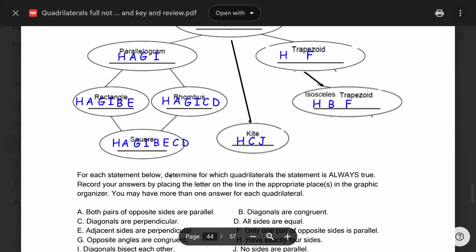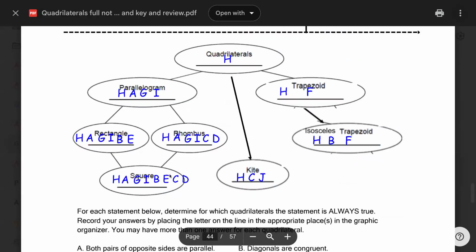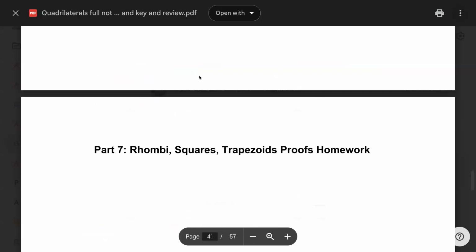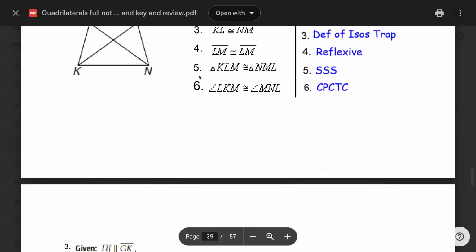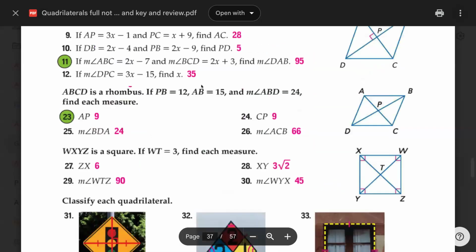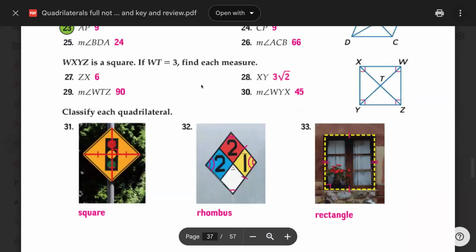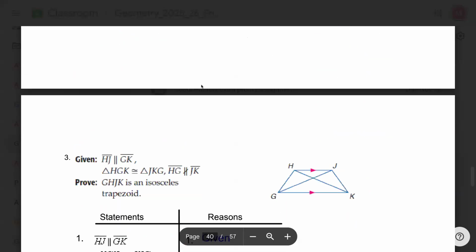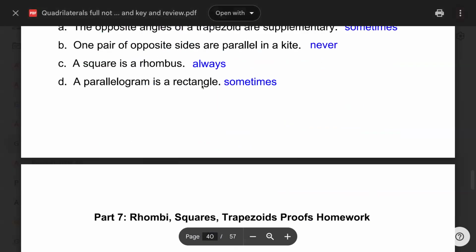Okay, I want to share my screen. So this, please do this. This comes as a part of your homework. I'll go to the one that does not have the proof. After your rhombus, you have these proofs and some notes.